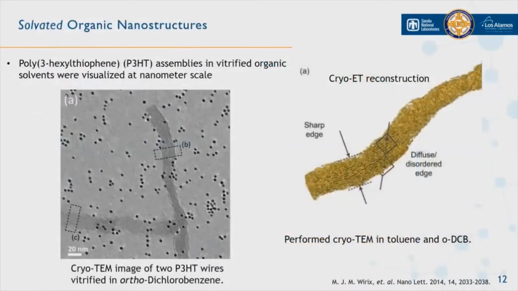So in materials science, there are a large number of systems that are dispersed in organic solvents and not in aqueous solutions. Therefore, developing cryo-TEM techniques to allow for sample preparation and imaging in organic solvents is set to have a significant impact on materials science. So here we have poly-3-hexylthiophene, which is a promising component in solar cells and is exciting as a cost-effective choice for large-scale production.